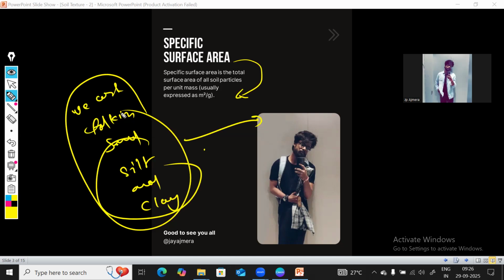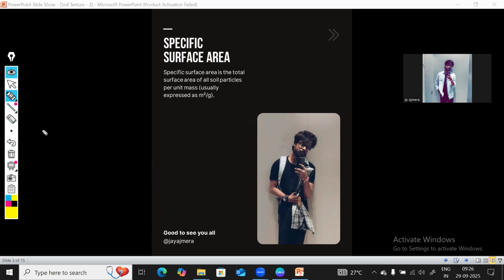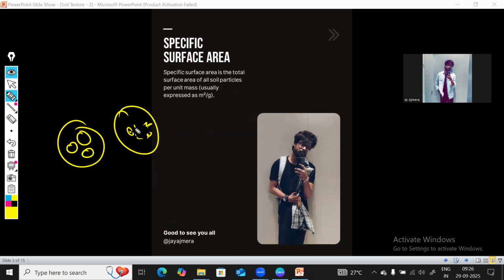We already studied which is bigger in size. So in this area there are three particles, a sand and a clay, because sand is bigger in size and clay or silt is smaller in size compared to sand.